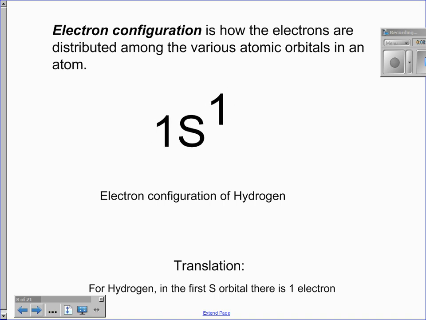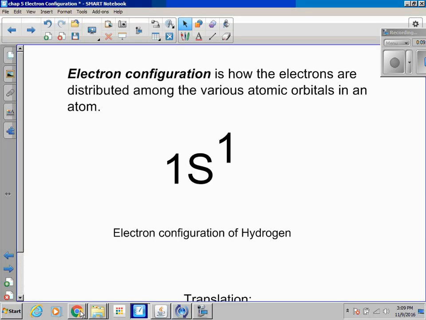So let's translate what exactly this 1s raised to the 1 power means. Okay, I need a little box here so I can illustrate things. So I'm going to draw a box.